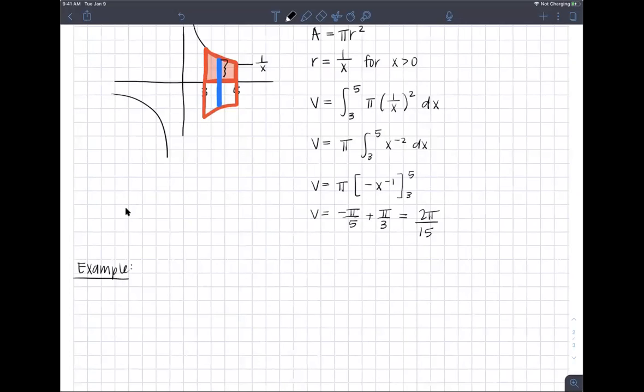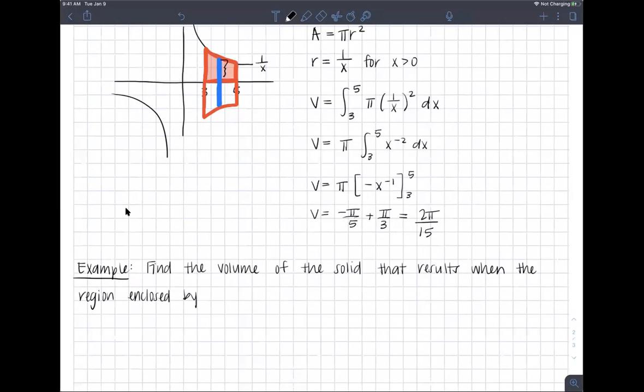you're going to find the volume of the solid that results when the region enclosed by y equals x squared, y equals 4, and the x-axis is revolved about the y-axis.